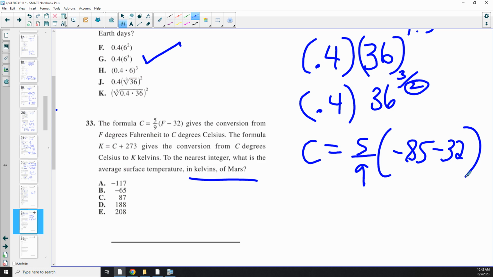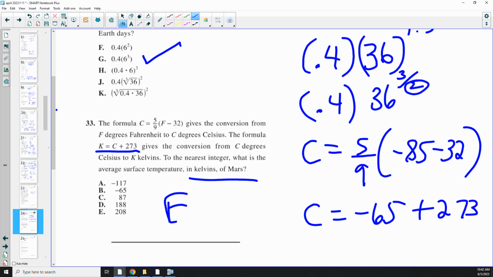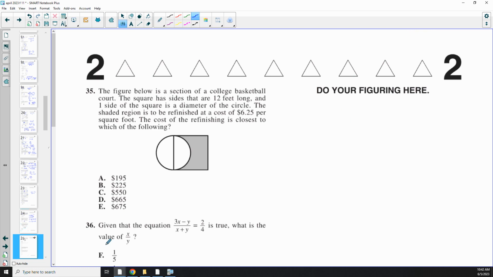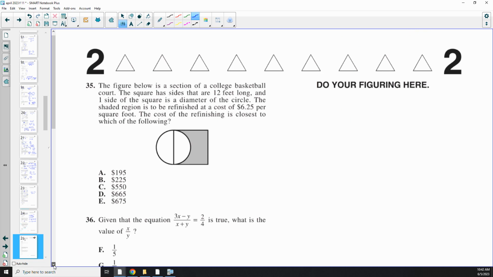That would give me negative 65 for the C, and then I use the second formula, which is just take the C and add 273 to it, and I get 208, choice E, for the Kelvin. That's a double plug-in to the formula. All right, so we need to know the square.